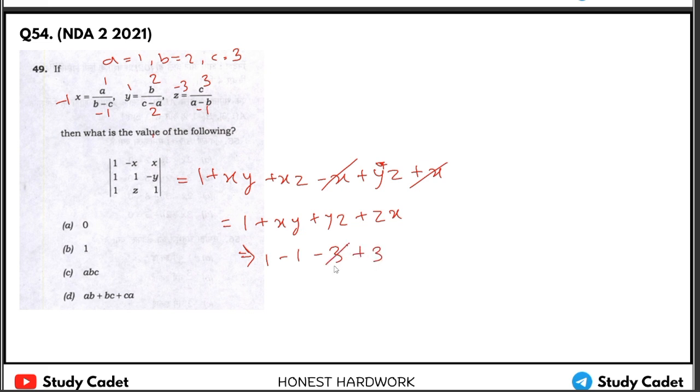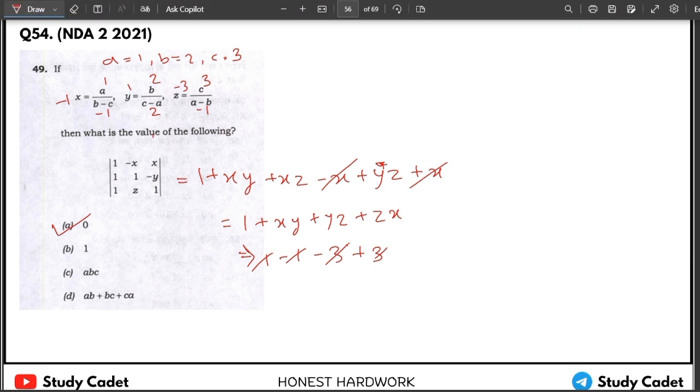So it is simply coming plus 3, so it is coming 0, right? With a, b, c as 1, 2, 3, the sum will be 6, and this will also not be the case.